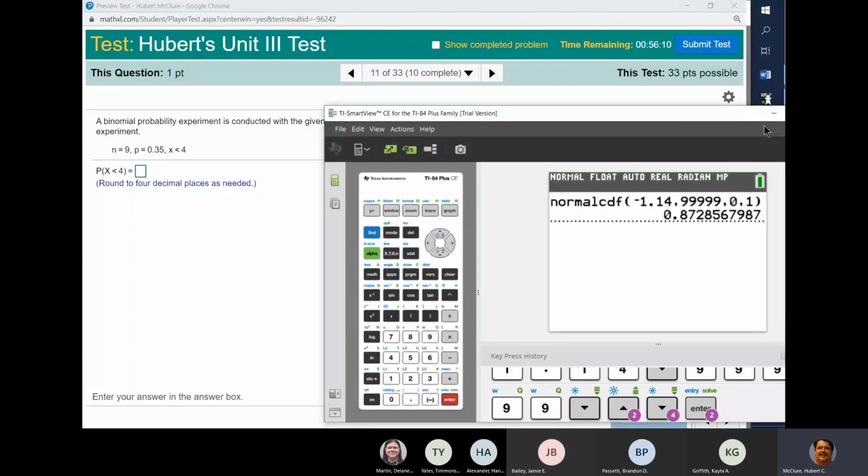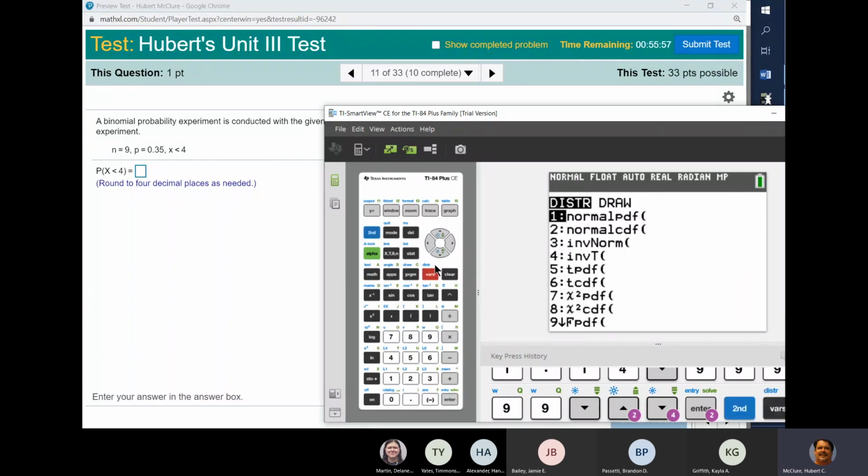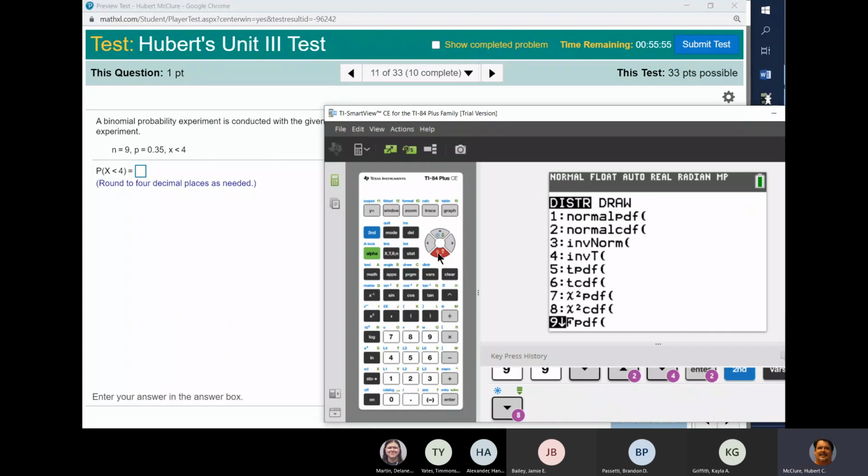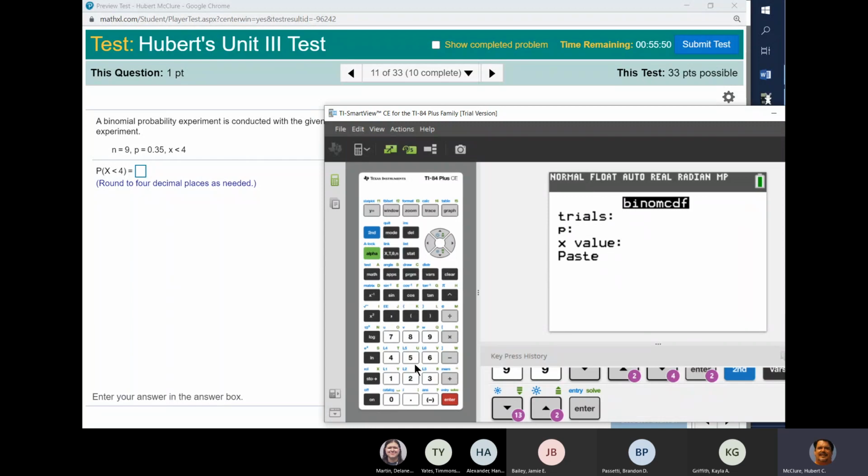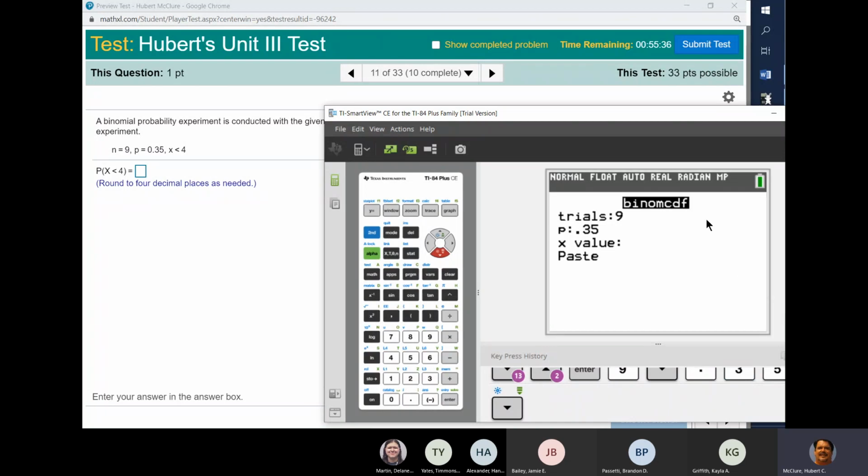So instead of binomial PDF, this is going to be binomial CDF. So second vars, go down to binomial CDF for cumulative. Trials is 9, probability is 0.35. And tell me what I'm going to type in for X. Am I going to type in 4, or another number?